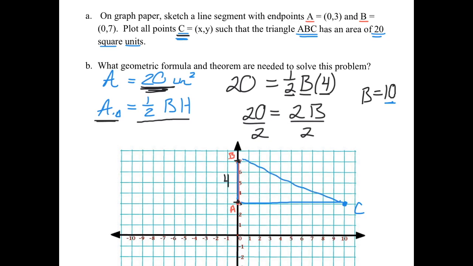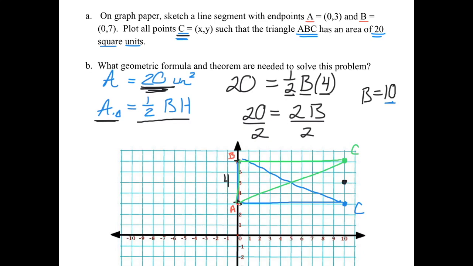Now the thing is, that's not the only location. For example, I could put point C up above here, right across from B. This would also form my green triangle, which would have an area of 20 square units. Or I could put point C right in the middle here.